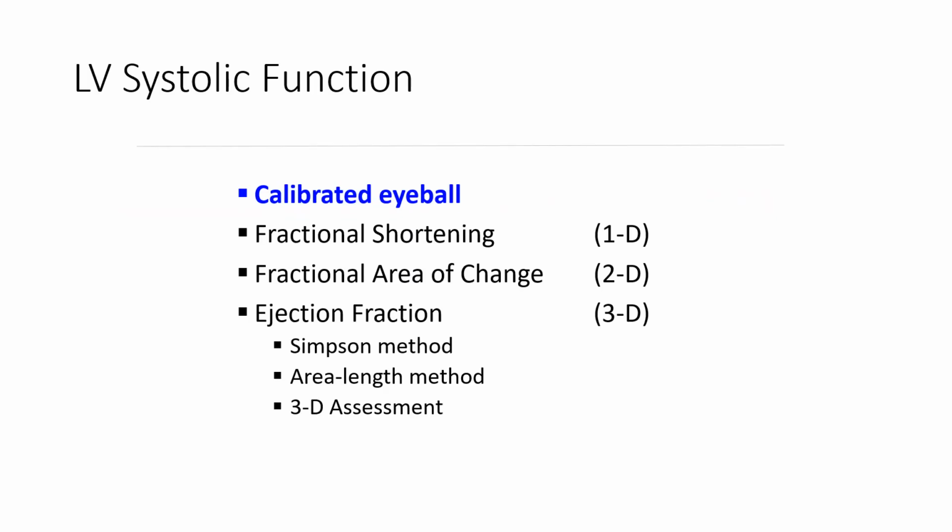The ways to quantify LV systolic function are: you can do a visual estimate, also known as the calibrated eyeball, or you can use one of these methods: fractional shortening, fractional area of change, or the ejection fraction, which is what you are probably most familiar with. Respectively, this is a one-dimensional tool, a two-dimensional tool, and a 3D estimate.